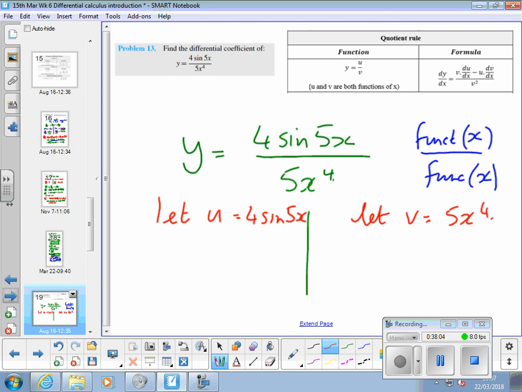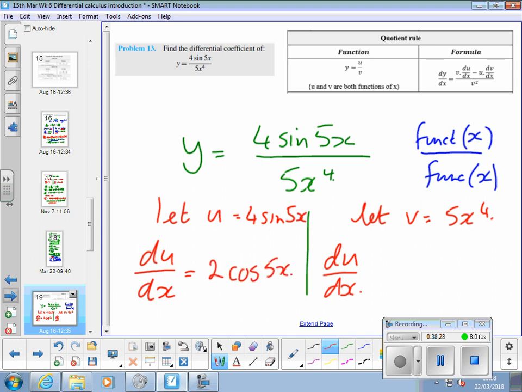And then we differentiate both. So differentiate 4 times sine of 5x: du by dx is 20 cos 5x. And dv by dx for 5x to the 4, 4 times 5 is 20.